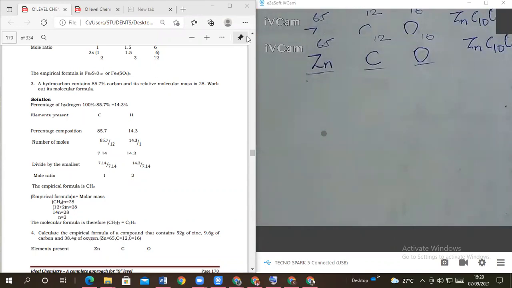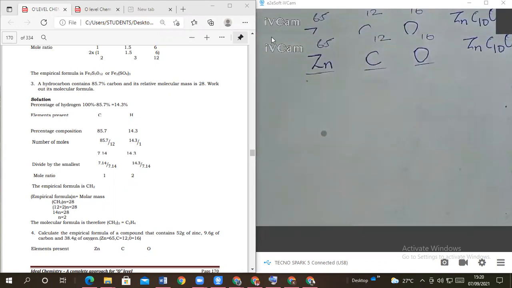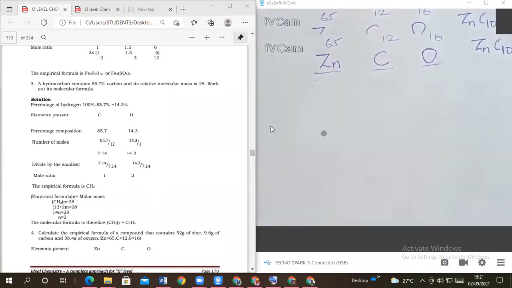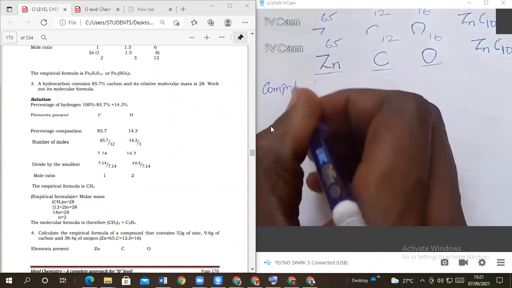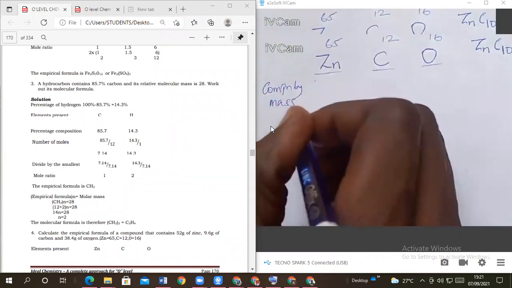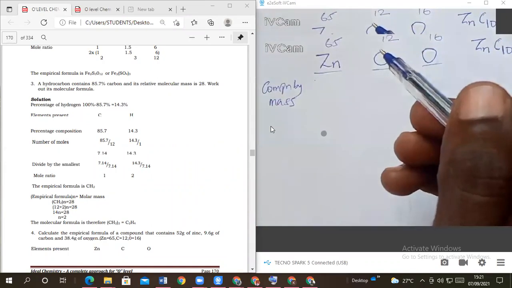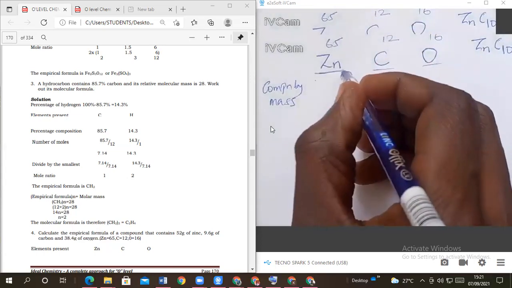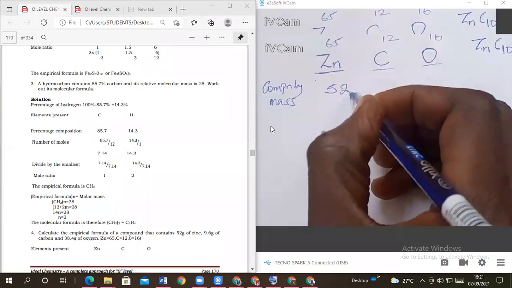Now, let us work this number out together, because I've seen one answer around that is okay. Zinc: they have not given us percentage composition, but they have given us composition by mass, isn't it? The mass of zinc, they told us, is 52 grams.